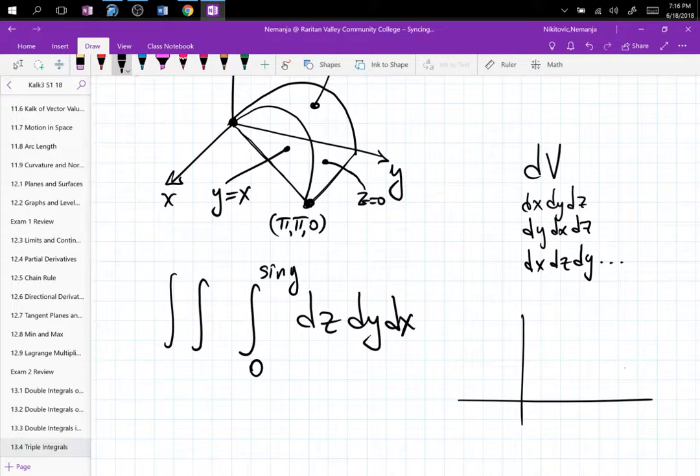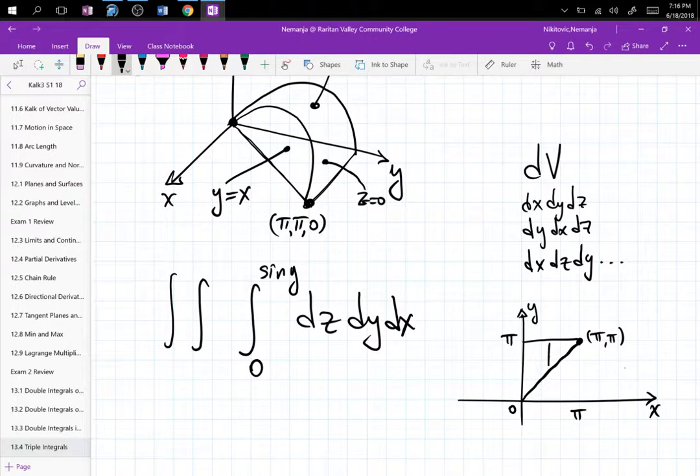Observe that it's a pi, pi, right? And then it goes into the y-axis, so it goes this way. So this is pi, this is pi, this is 0, and this is pi, pi.